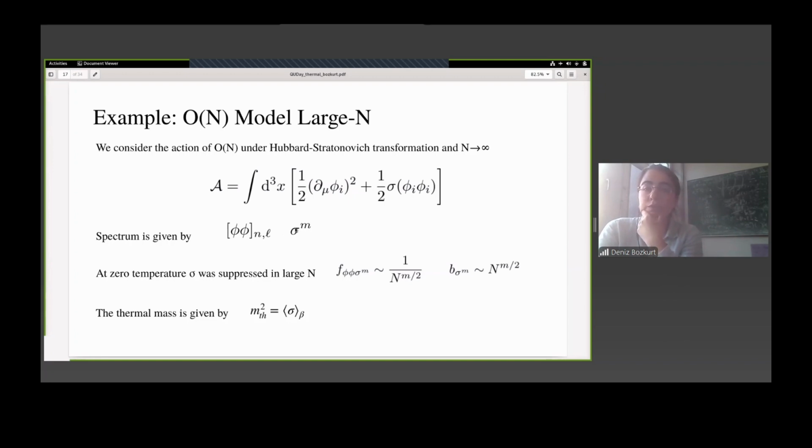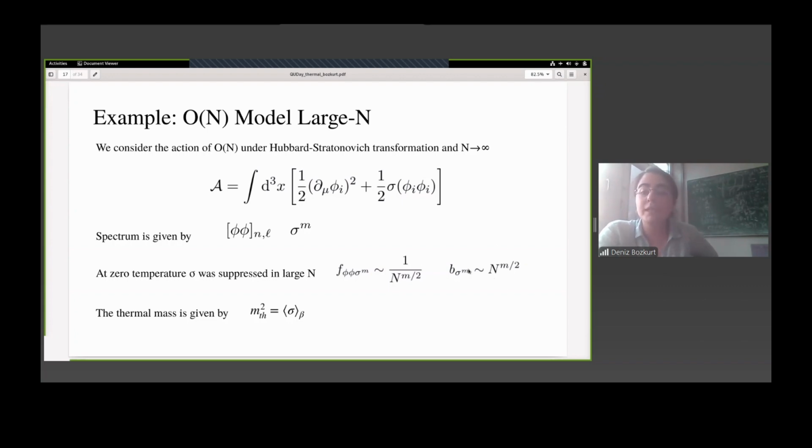the contribution of the sigma^m, because at zero temperature, all the 3-point functions given with sigma^m were scaling like 1 over N. So in the large N limit, these operators weren't contributing. But here we still have the same 3-point functions, but the 1-point functions of the sigma^m also scale like N to the power m divided by 2.